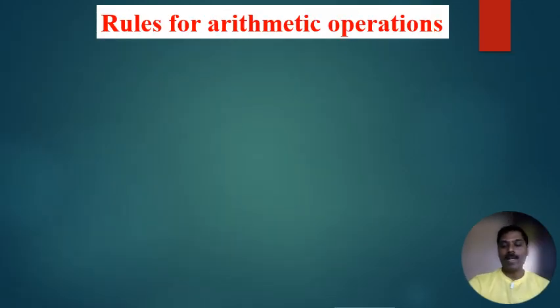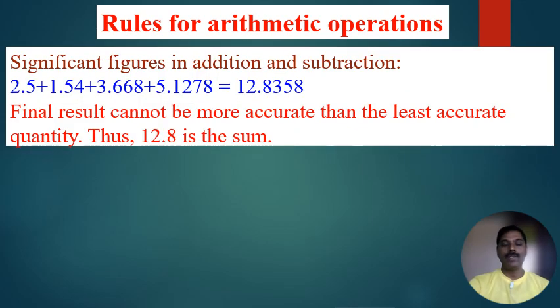Rules for arithmetic operations, because the significant figures will be decided based on the arithmetic operations also. In case you are adding or subtracting a certain number of values like 2.5, 1.54, 3.668, etc., you will get an answer of this kind, wherein the significant figures you are getting are 4 after the decimal point. But what should be my answer?